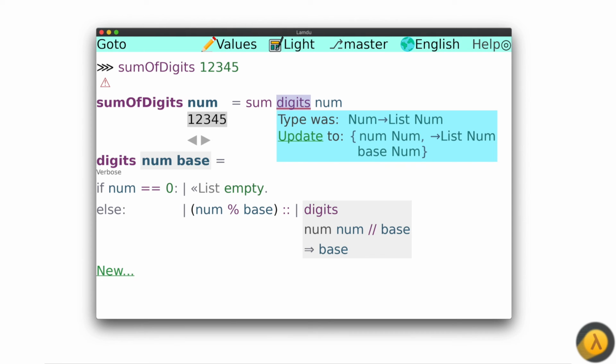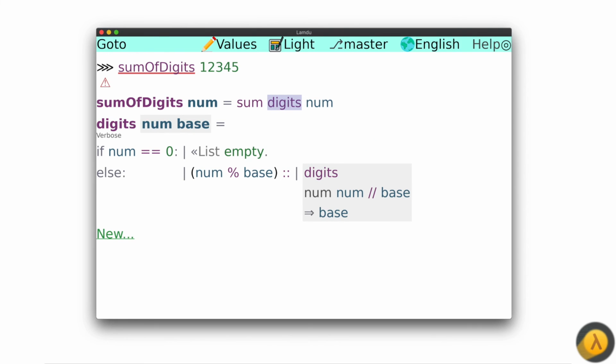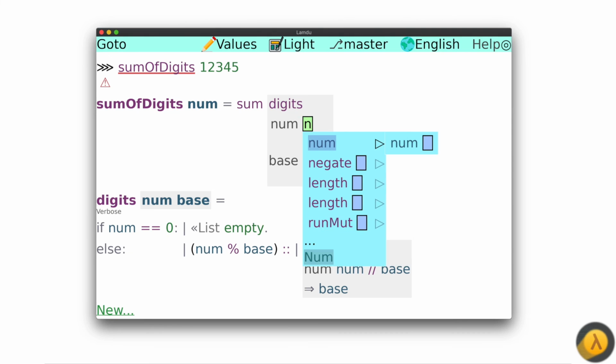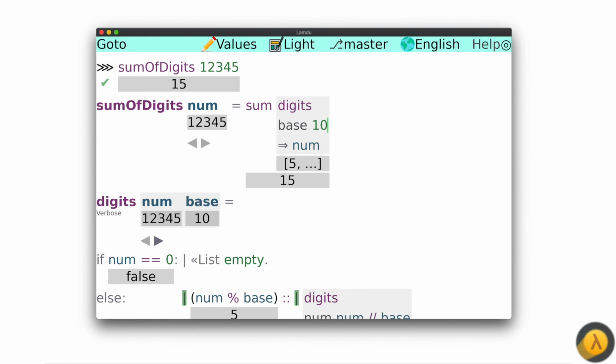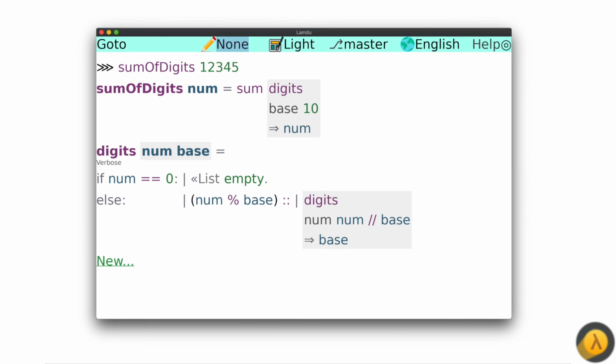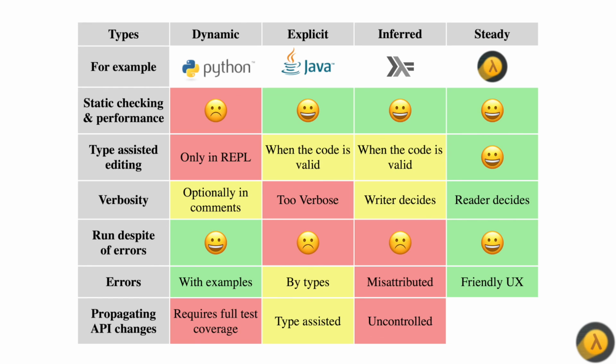This allows us to update the types of our dependencies one step at a time. Note that in order to do this, Lamdu invisibly stores the types of all dependencies for every definition, unlike other programming languages that only store what you see.